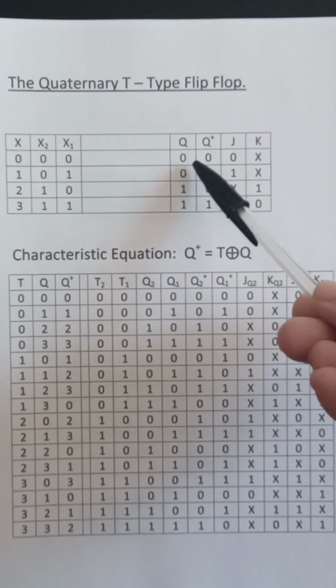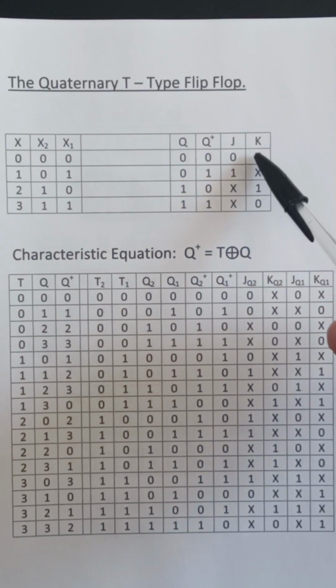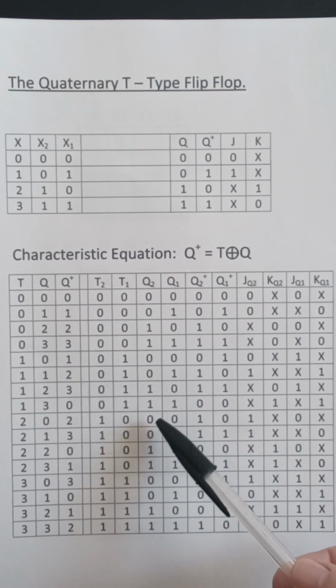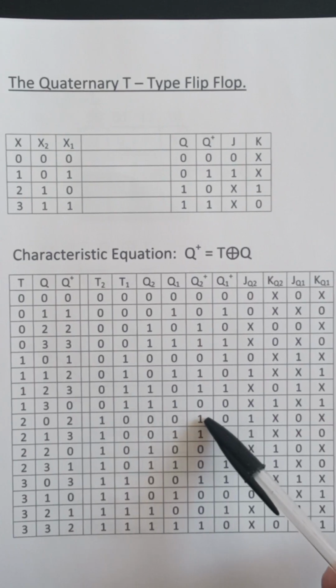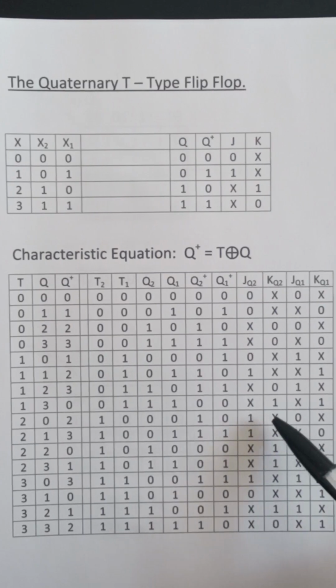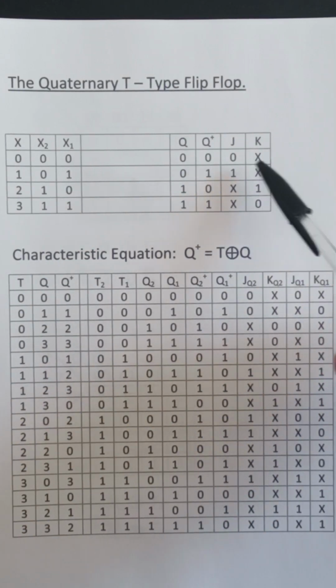For example, if Q2 is a 0 and Q2+ is a 1, you get JQ2 and KQ2 of 1x.